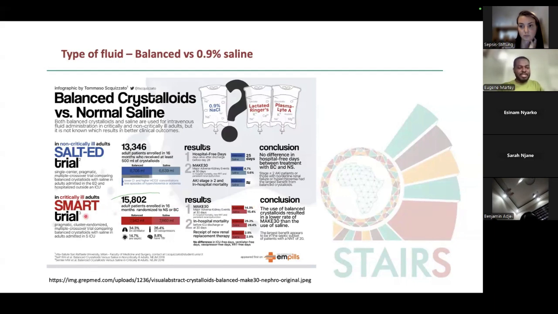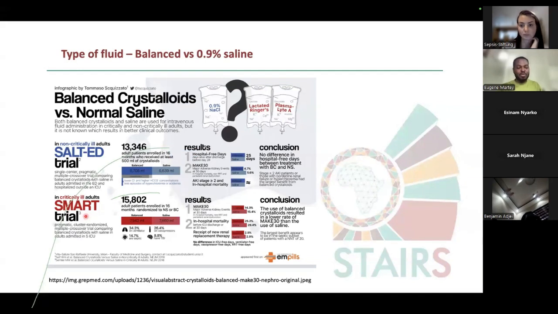Now, the SMART trial occurred in critically ill patients. Of course, they were adults, but most of our studies are being extrapolated to pediatric patients. The conclusion was that if you used a balanced solution like Ringer's lactate, then you minimize the risk of your patient having a major adverse kidney event within 30 days of treatment, as opposed to if you use normal saline.